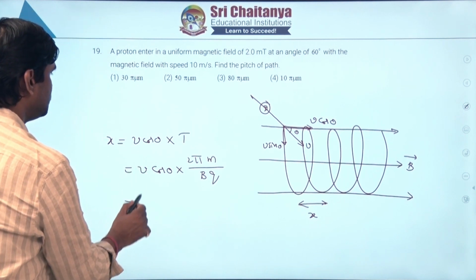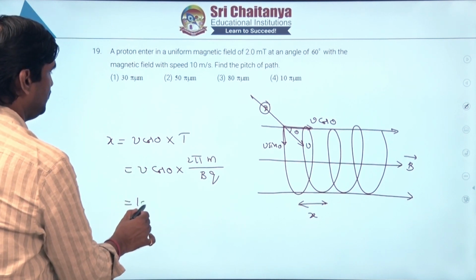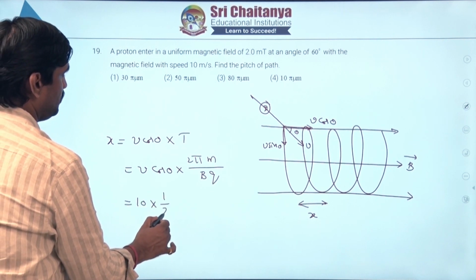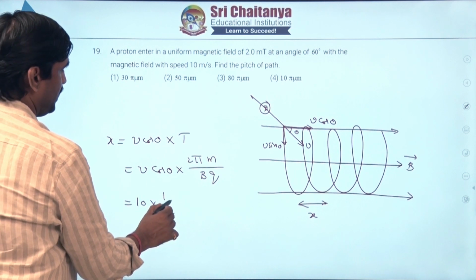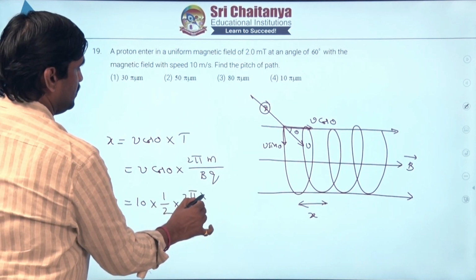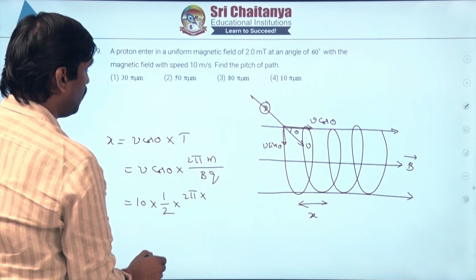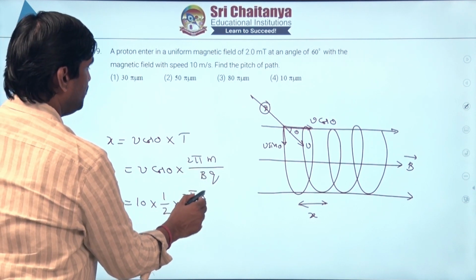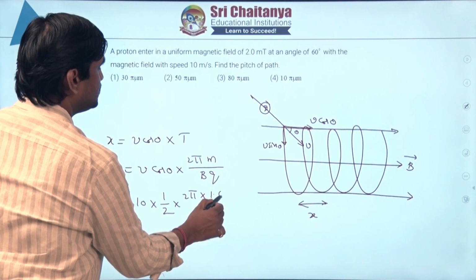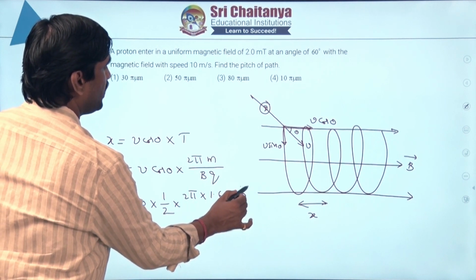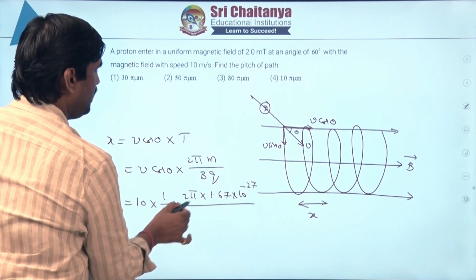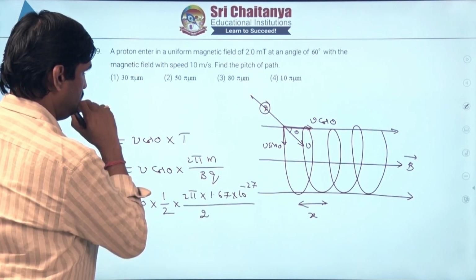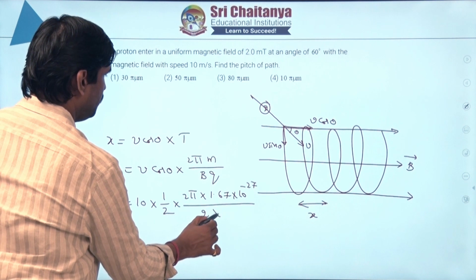Now, this is v velocity 10 into cos theta, 1 by 2, cos 60 into 2 pi, mass m is equal to 1.67 into 10 to the power minus 27 by b, this is 2 into q.